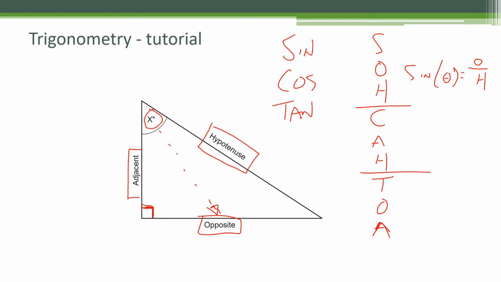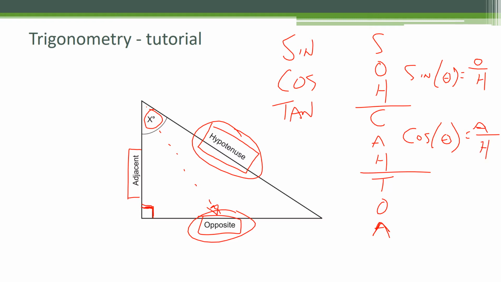You'll notice that here I have the opposite side and the hypotenuse. That's why it's important to know the sides of a triangle. The next trig function is cosine. The cosine of an angle is equal to the adjacent side over the hypotenuse.